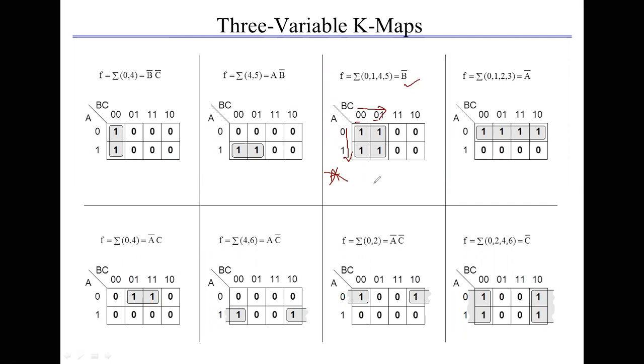So B bar is as it is, and we'll write it down in the final term, B bar. For C, C is 0 here, but C has become 1 over here. So C will get eliminated. So the final term that remains is only B bar. Therefore, we can write the reduced form of the equation as B bar.